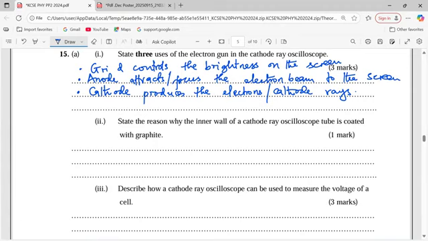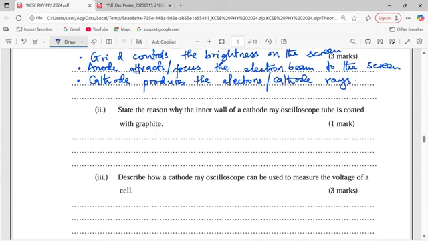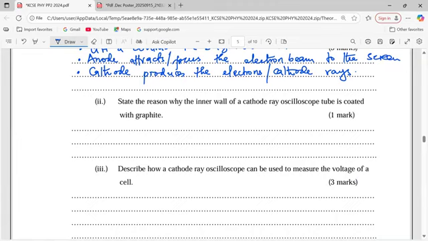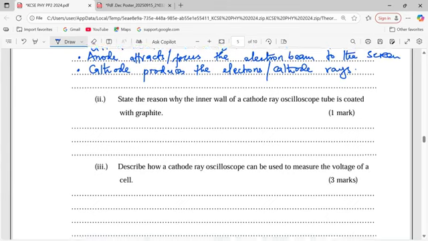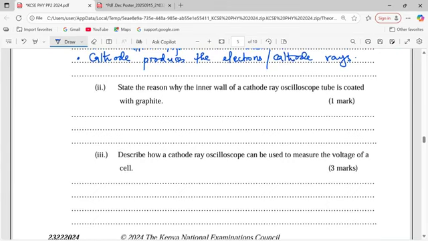Meaning that here in 2024, students were just required to account for physics, to deliver content. How much physics do you know? Not just memorizing a few formulas. This one, you're required to have some content.